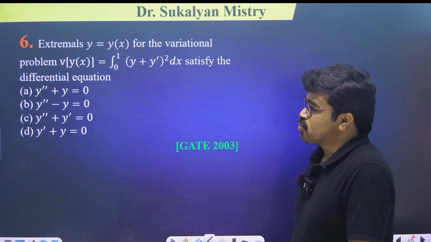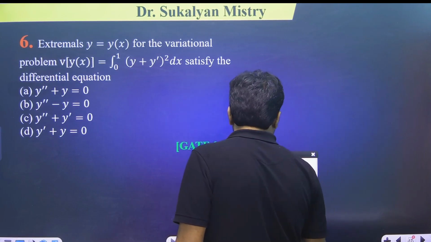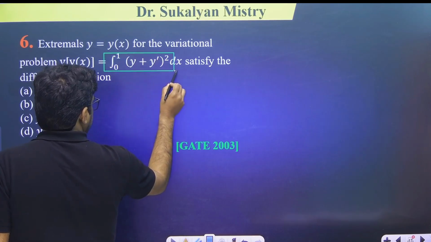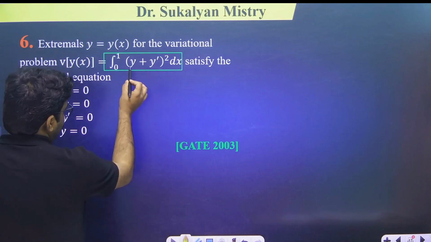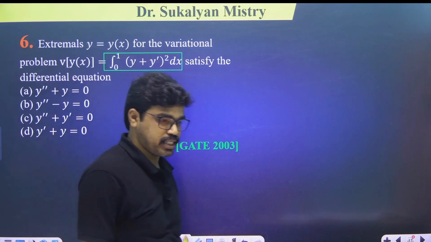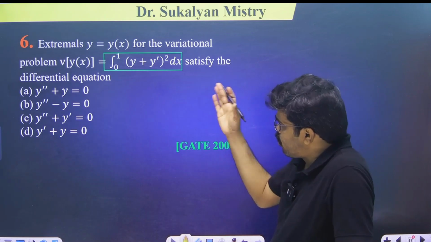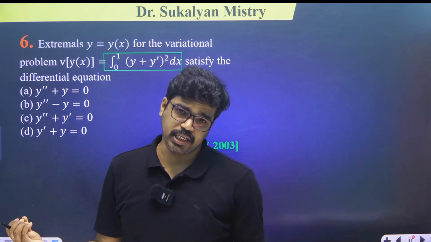Extremals y is equal to y(x) for the variational problem, integration 0 to 1 of y plus y dash square dx. Just see here, f is a function of y and y dash only, that is, f is independent of x. It satisfies the differential equation, so basically we have to solve Euler's equation.